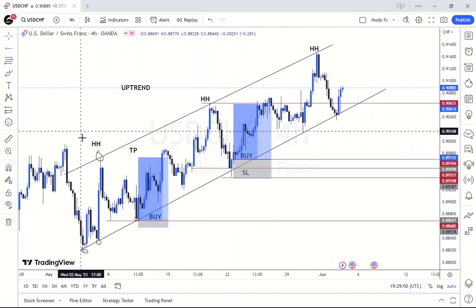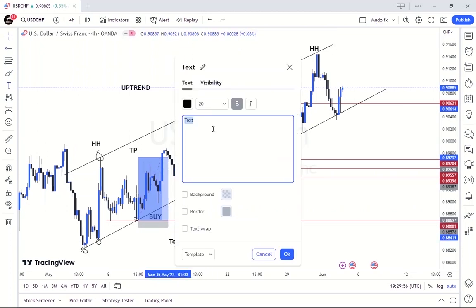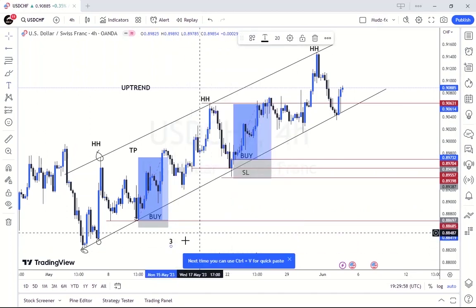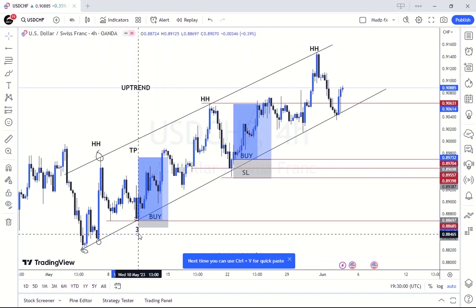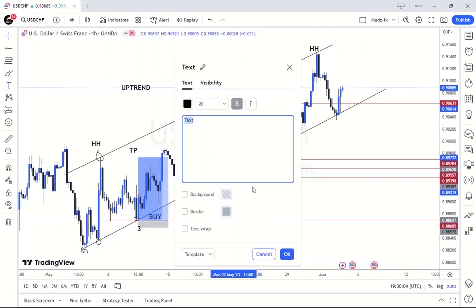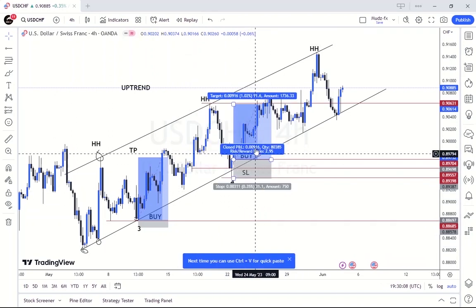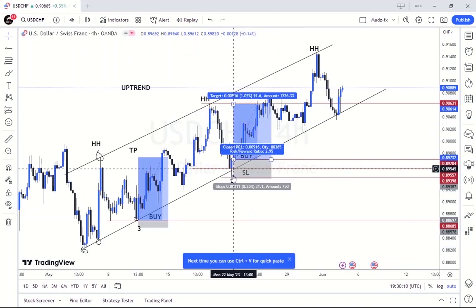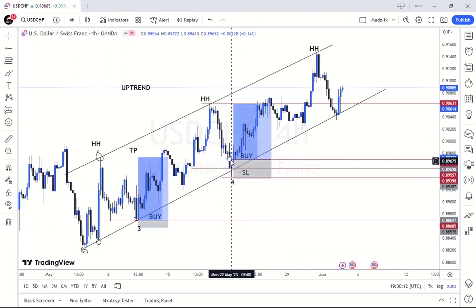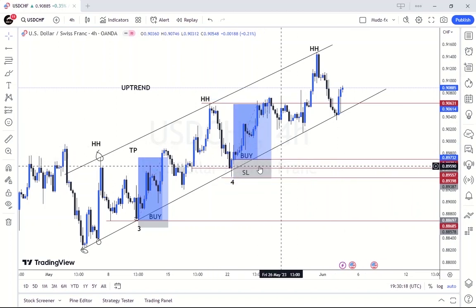So we're going to do the same thing that we did on number 3. After this candlestick closed and formed another candlestick, we bought.